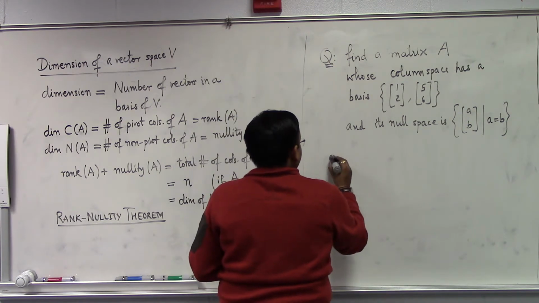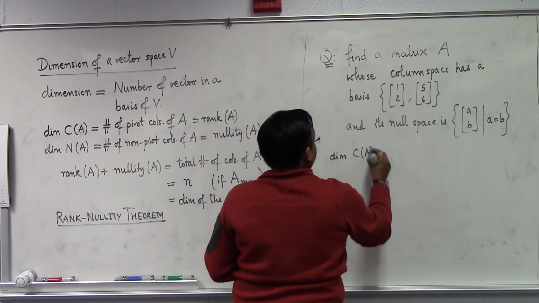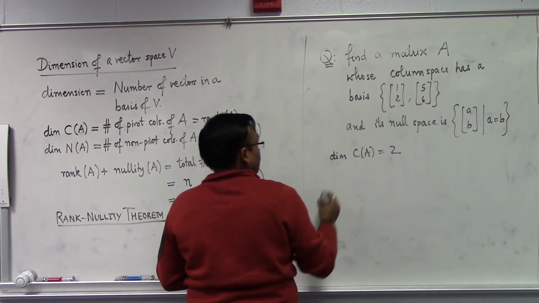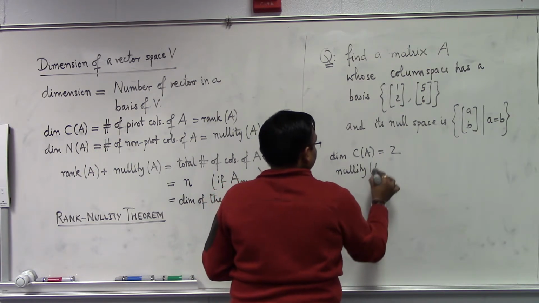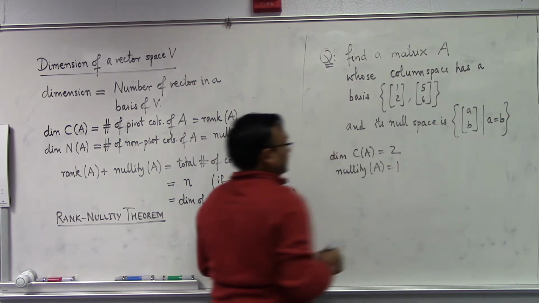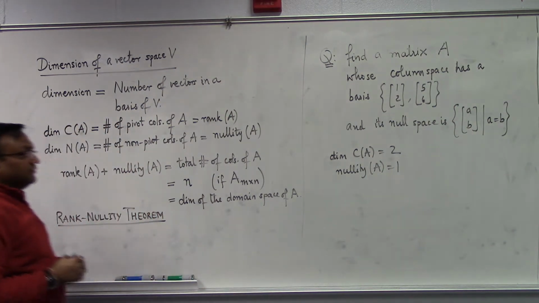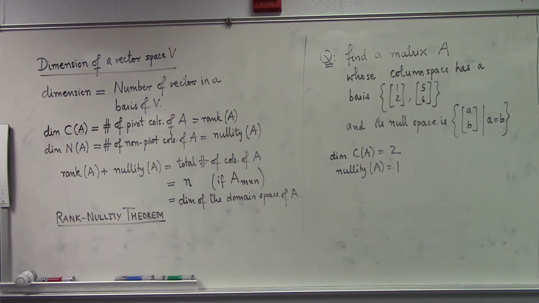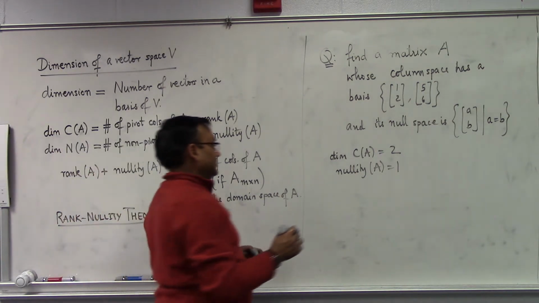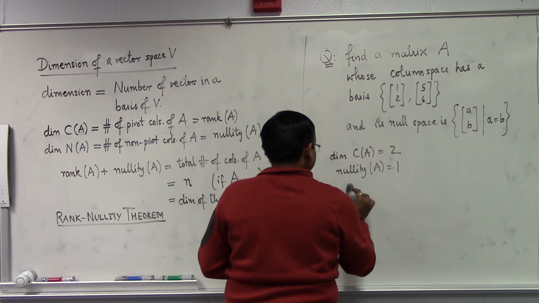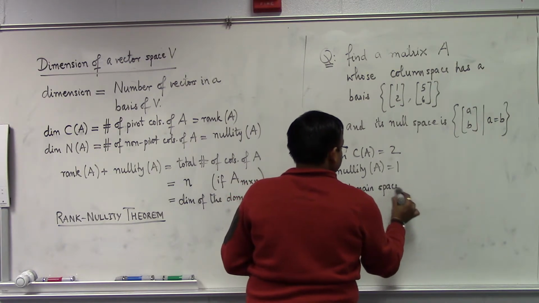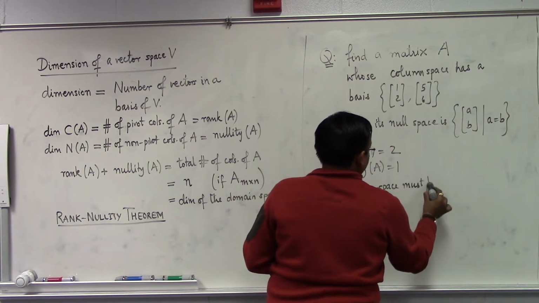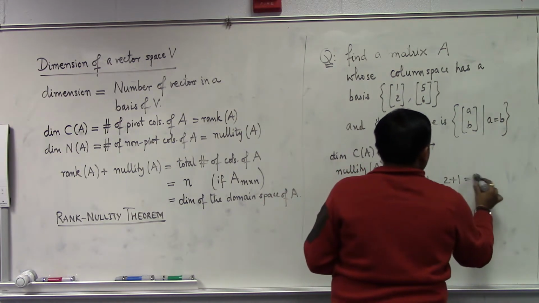Look at what I've given you. The dimension of the column space of A according to this must be 2. What about the nullity? The nullity is 1 because the null space is spanned by one vector, namely (1, 1). So whatever you are dealing with, your domain space must be 3-dimensional.